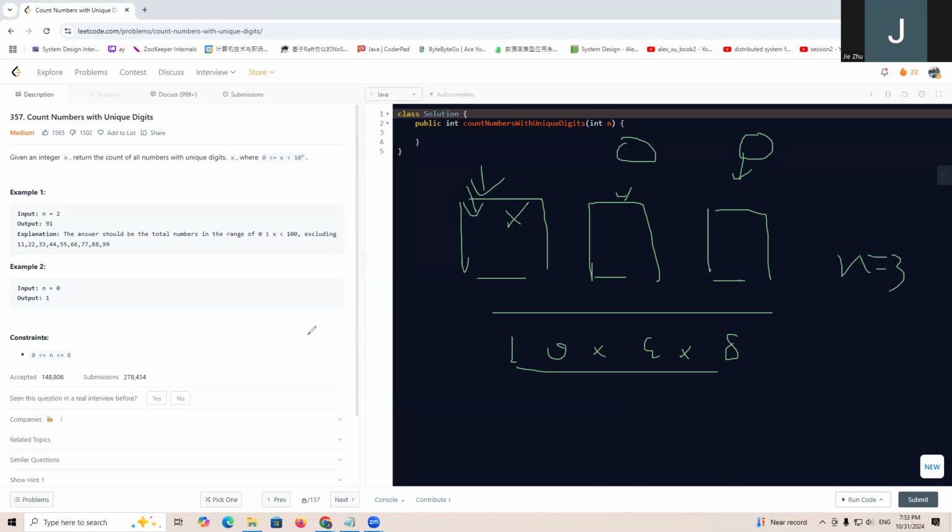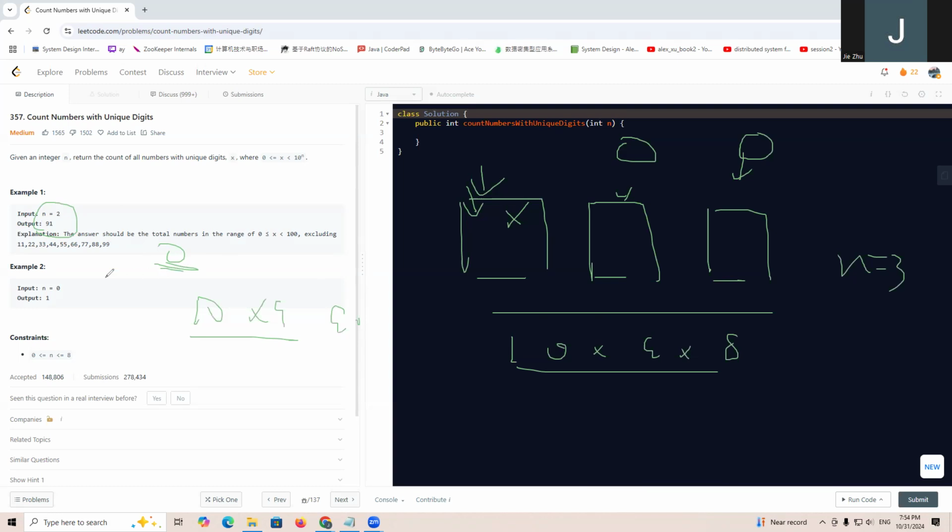Let's look at example 2. If this were correct, n equals 2 should be 10 multiplied by 9, that is 90, but the answer is 91. We're missing the number 0.